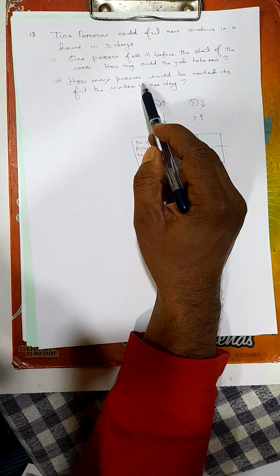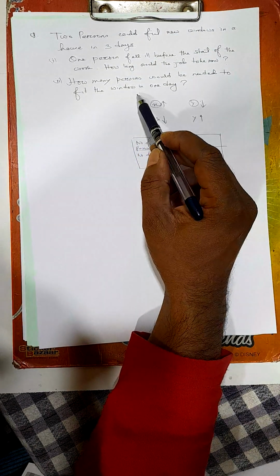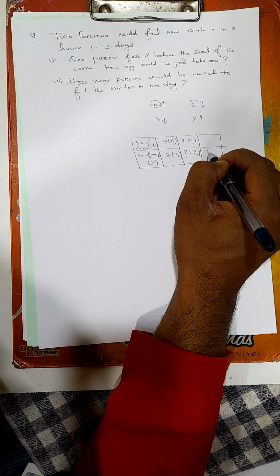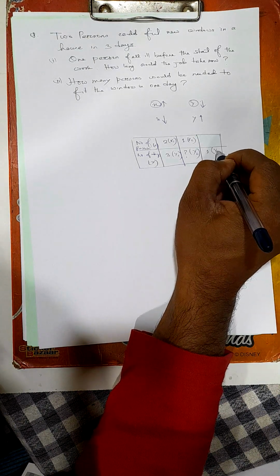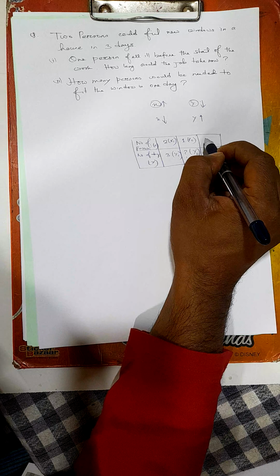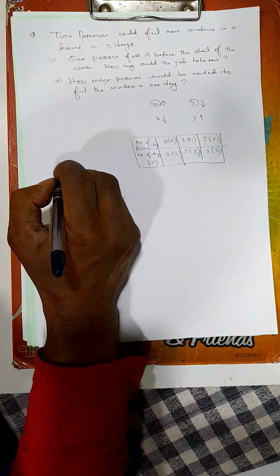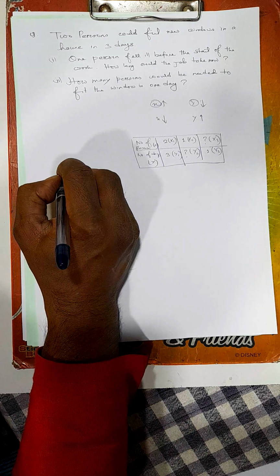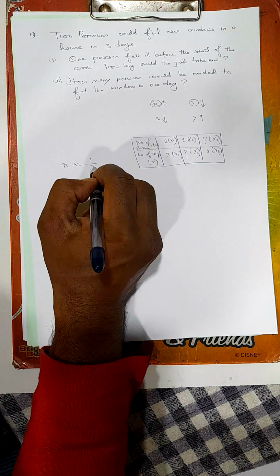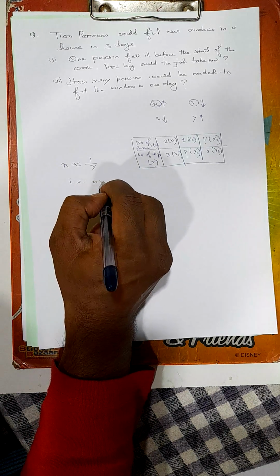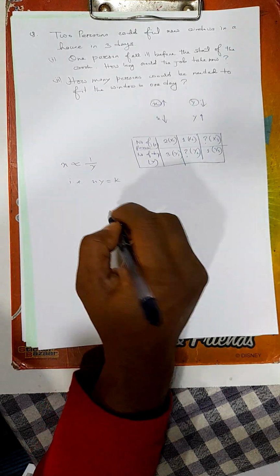Again, it says how many persons would be needed to fit the window in 1 day. So if you want to do the job in 1 day, how many persons you have to deploy? What would be x3 here? Now here you see x is inversely proportional to y. That is x into y equals k, constant.